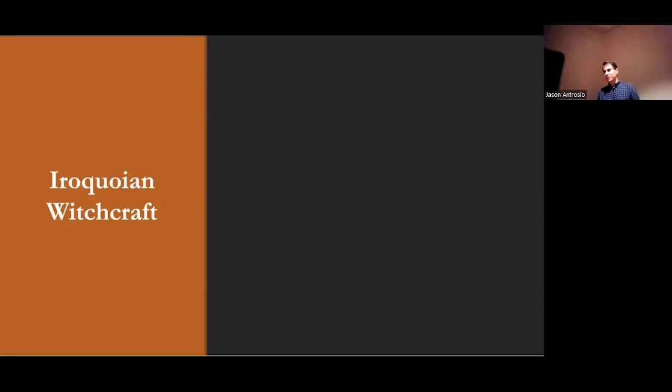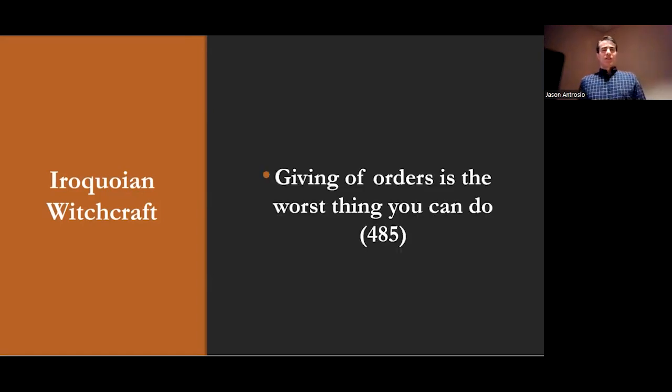And they say that one of the things you can do in anthropology, if you want to know what people think of as the worst possible thing you can do in a society, is look to what they think about witchcraft. And in this case, the Iroquois would consider that the worst possible thing you could do is give people orders, tell them what to do. That would be almost as abhorrent as eating human flesh. So you don't want to do that.